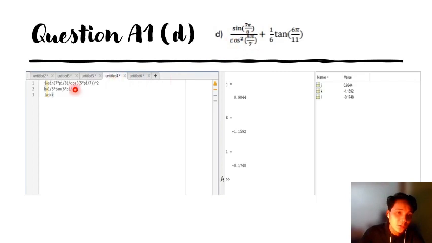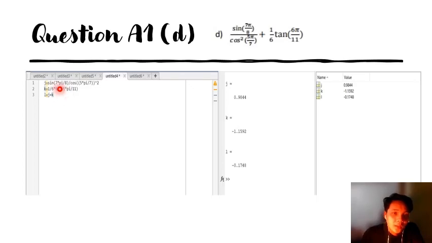So for trigonometry, there's nothing complicated. We just write down the sine and make the parentheses, and we put the value that we wanted. So for this it is 7 pi over 8.